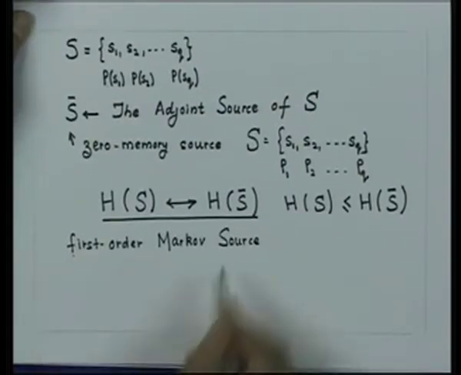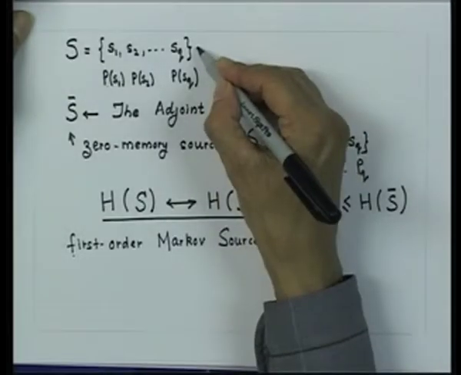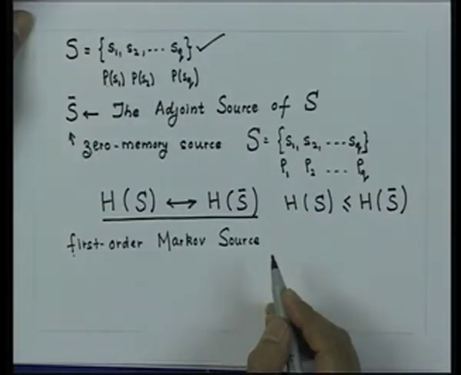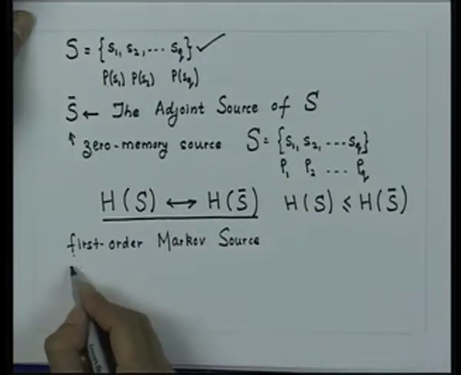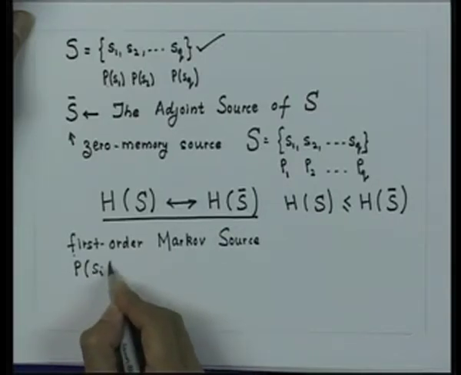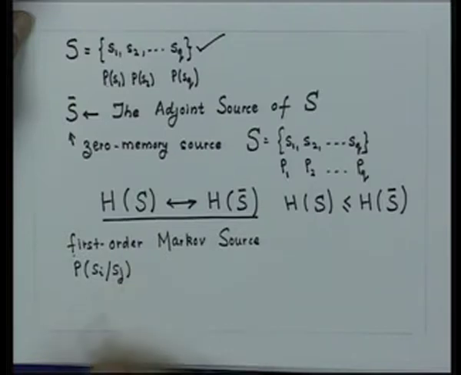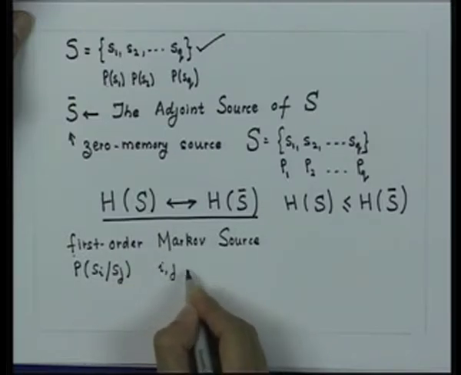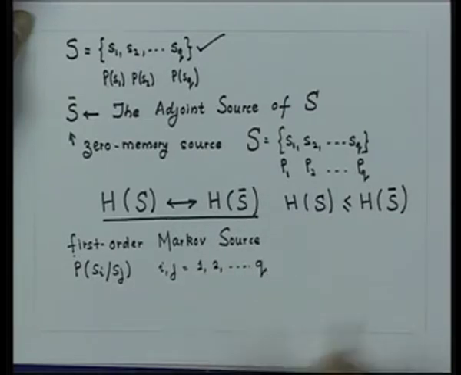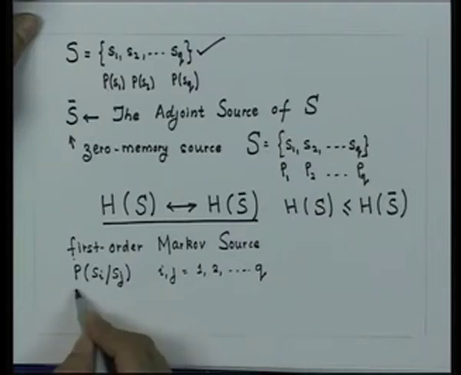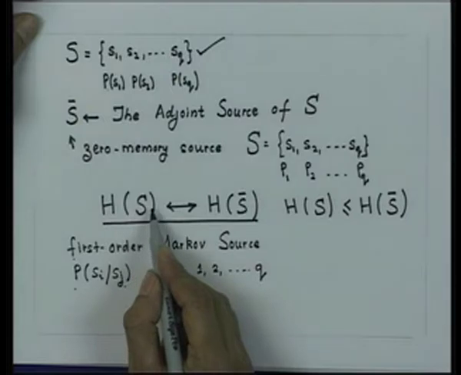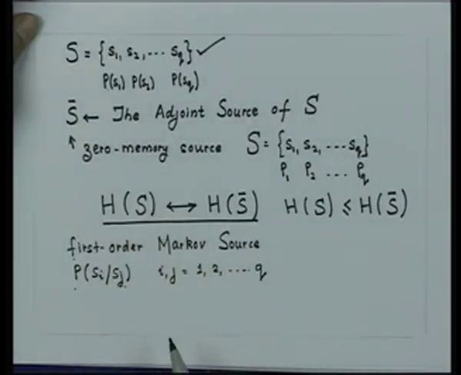So, for a first order Markov source, my source alphabet, let me assume, is this. The conditional probabilities involved would be Si given Sj for i, j equal to 1, 2 up to q. So, I have the conditional probabilities, I have the source alphabet, and now let us try to calculate what the entropy is for this source.